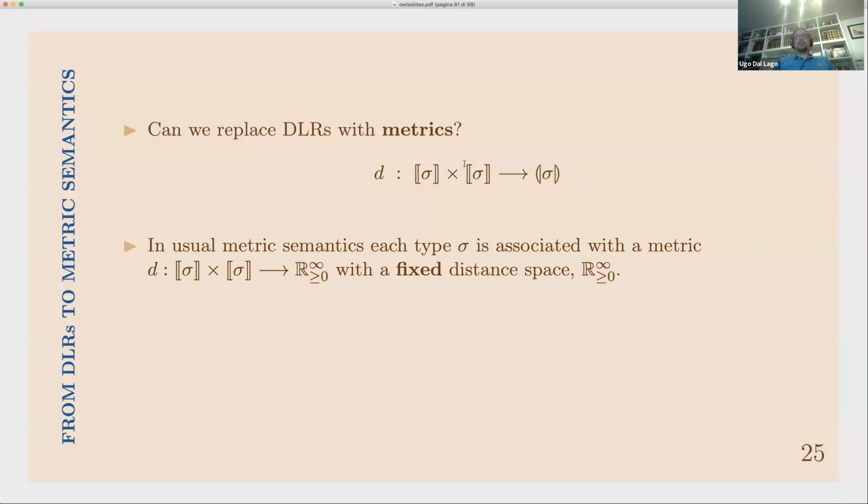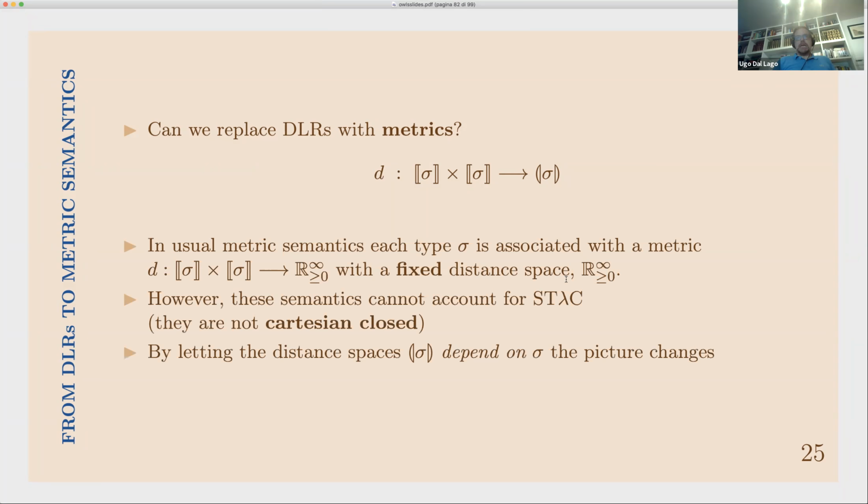And in usual metric semantics, this distance space is just the set of positive real numbers with a fixed, once and for all, distance space. However, as we have already said, if you do it, it's fine, but you cannot get a model of the simply typed lambda calculus out of it, because metric spaces do not naturally form a Cartesian closed category.